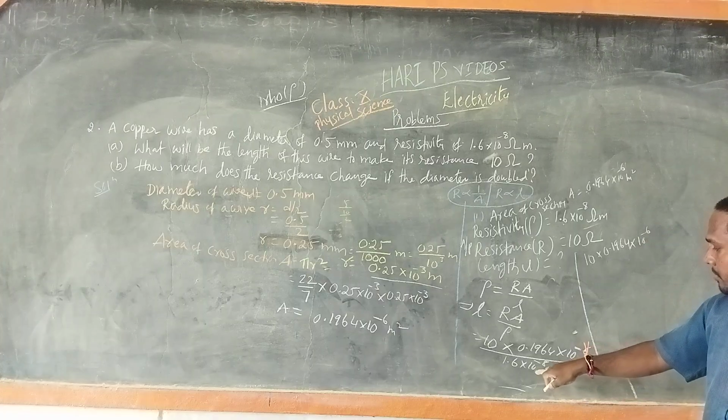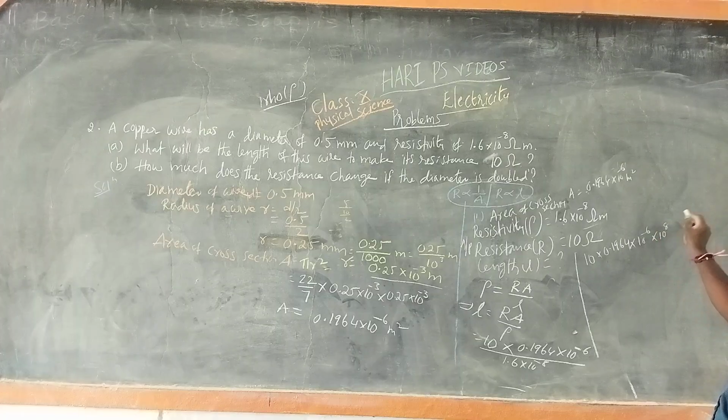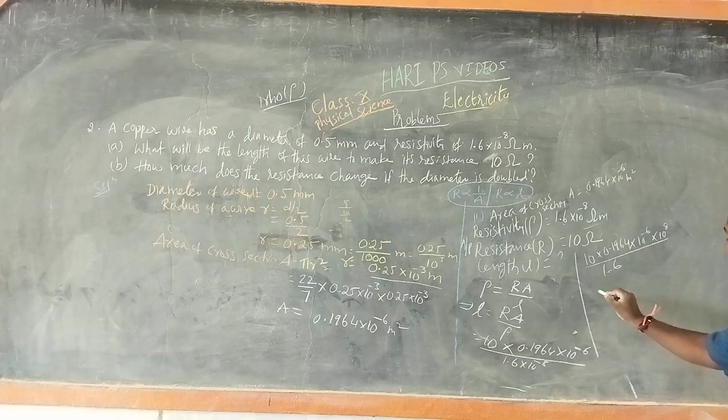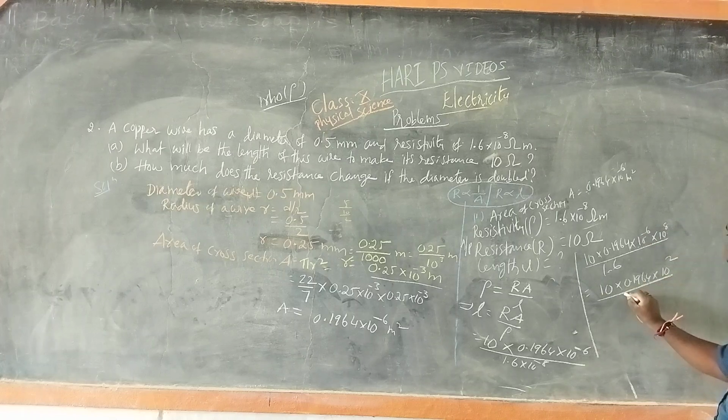The 10 power minus 8 in the denominator goes to the numerator, becoming 10 power 8 by 1.6. So 10 into 0.1964 into 10 power 8 minus 6, that is 10 square, by 1.6, and then it becomes 10 cube.